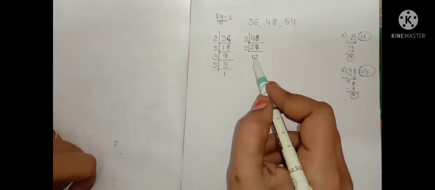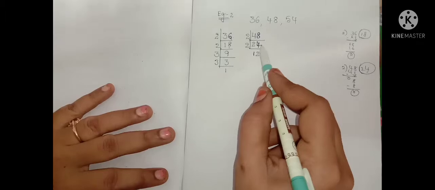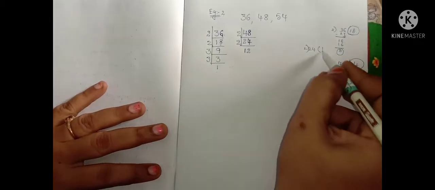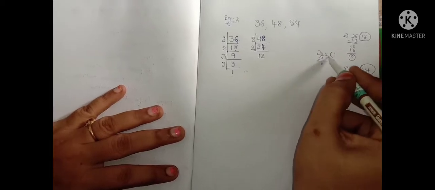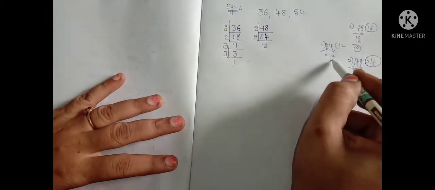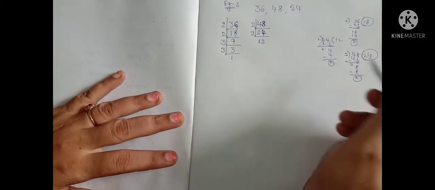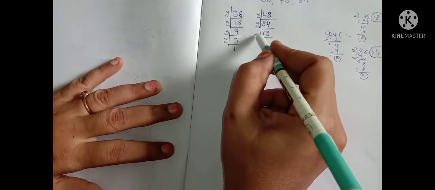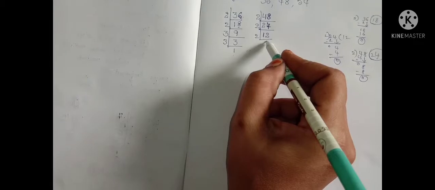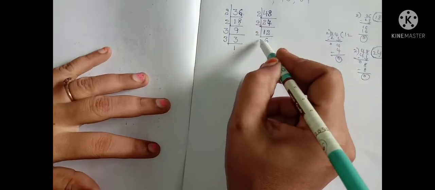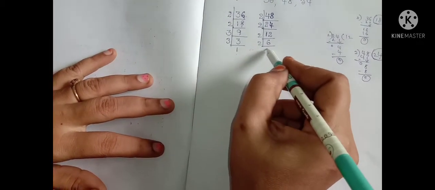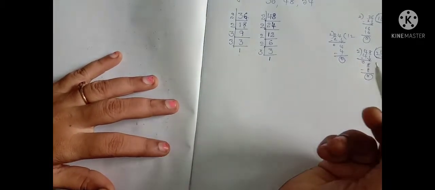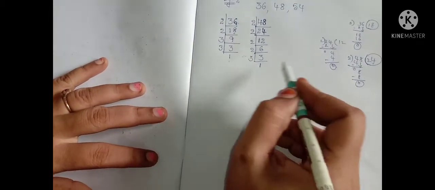I know this directly. If you don't know, do division. 2 ones 2, 2 minus 2 is 0, 4 bring down, 2 2s 4, 4 minus 4 is 0. So that is 12 times. Again 12 is possible in the 2 table. 2 6s 12, 2 3s 6. Again 3 is possible in the 3 table, 3 ones 3. A 1 came, so leave it.